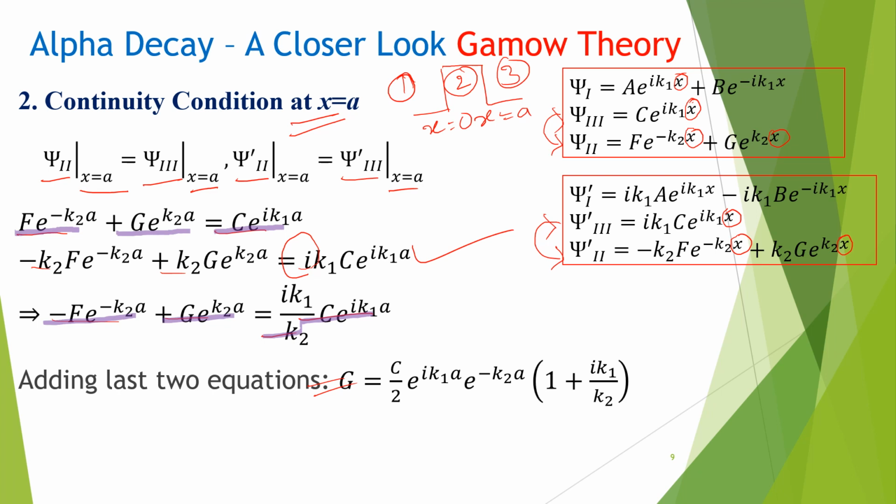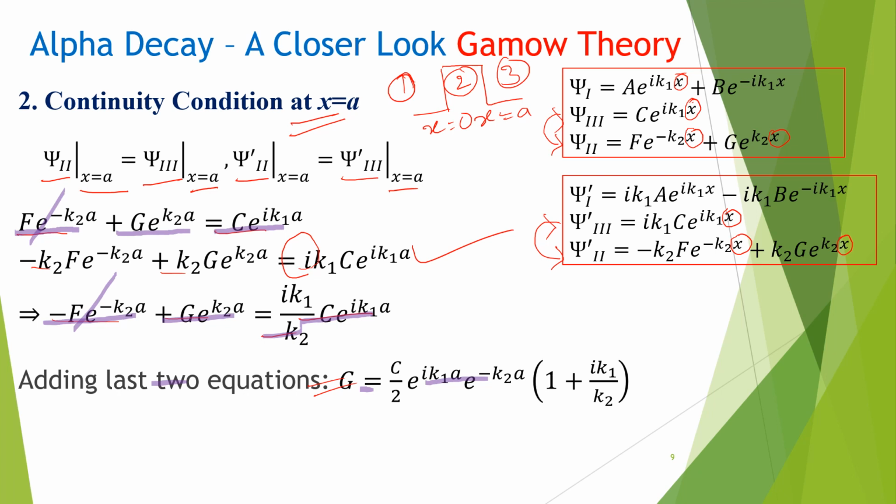Now we are adding these two highlighted equations. So this term and this term here are cancelled, and we are taking this term twice. So this 2 is adjusted here, and e to the power k2a we are writing here as e to the power minus k2a, and the rest of the part is the same.